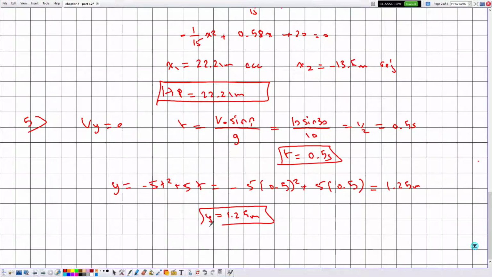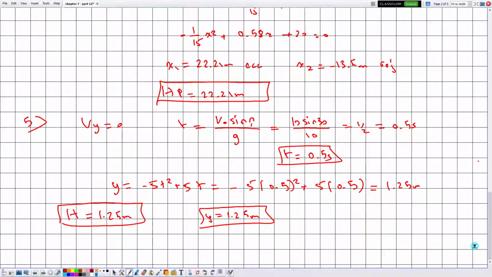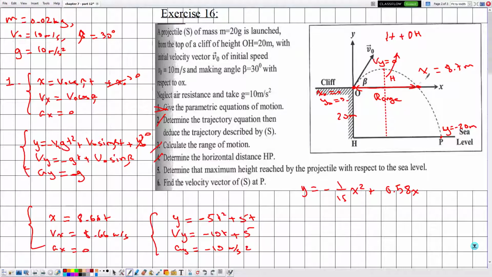What does this distance represent? This is the maximum height measured with respect to the origin. But notice that you are interested in determining the maximum height measured with respect to the sea level. So the maximum height measured with respect to the sea level is equal to h0 plus OH, which is equal to 1.25 plus this distance here, which is given by OH, which is equal to 20 meters.